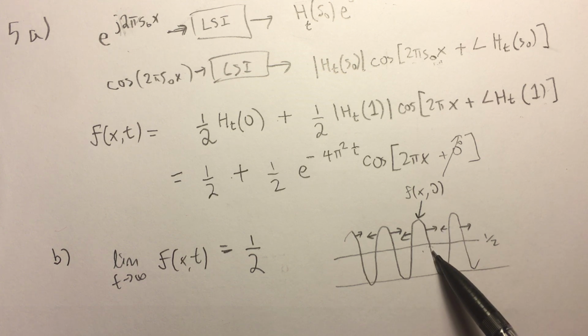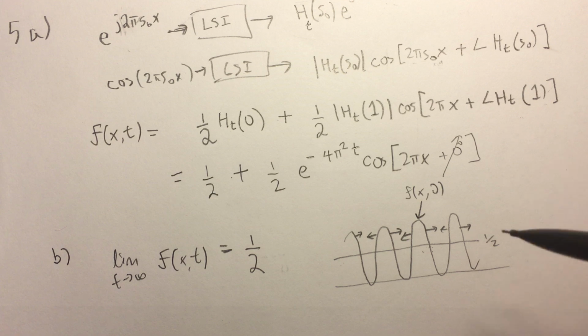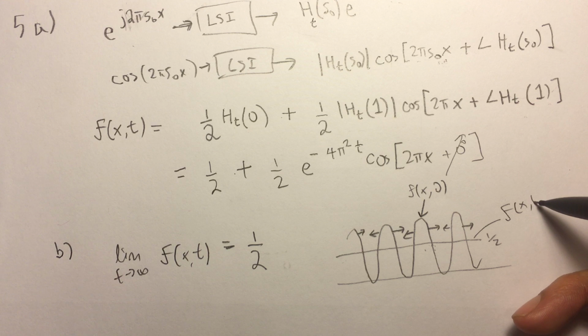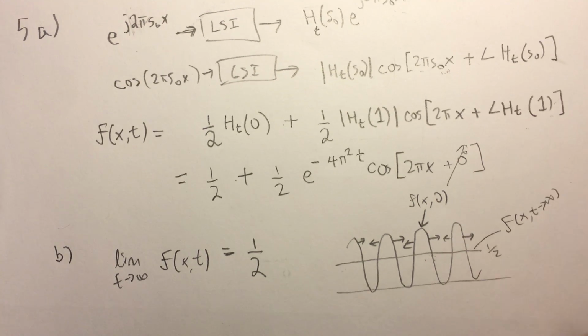And then as we let t go to infinity, what we're left with is just this average concentration. So nothing is created or destroyed, but these initial spatial variations are all smoothed out by diffusion. Okay, and that's what the math shows in the end.